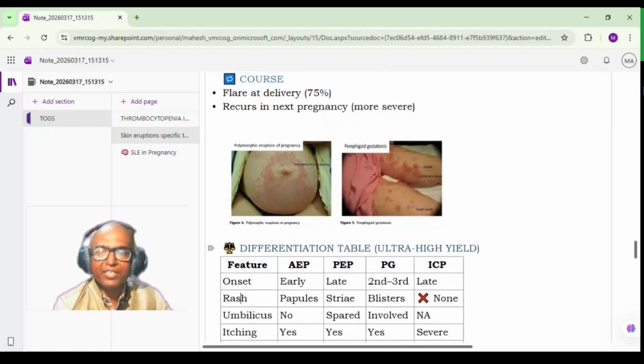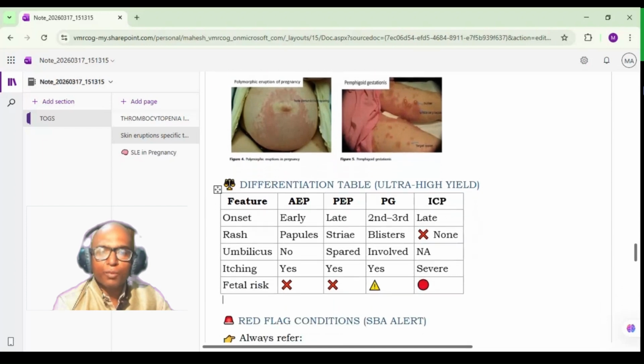Then how will you differentiate these four features: atopic eruption of pregnancy, polymorphic eruption of pregnancy, pemphigoid, and ICP? Onset is early in atopy, while it is late in polymorphic eruption. It is in the second and third trimester in pemphigoid, and it is late in ICP also. Rash is in the form of papules in AEP, while it affects the striae in PEP.